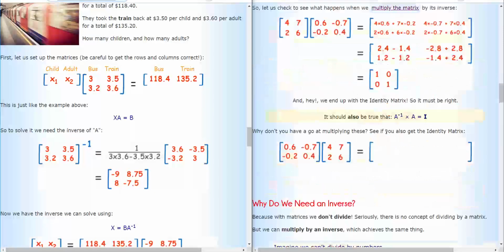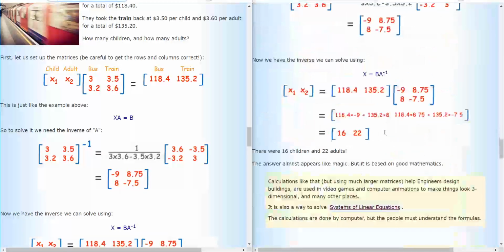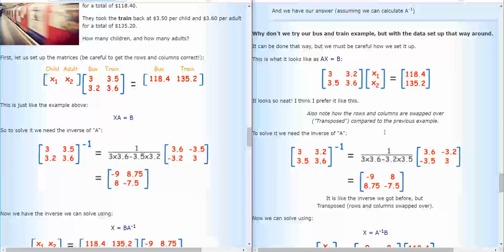So we've got, this is the first problem. Let's go to the second problem. We got 3. What is that? You see, this is where the trick happened. That's the bus. That's the train.